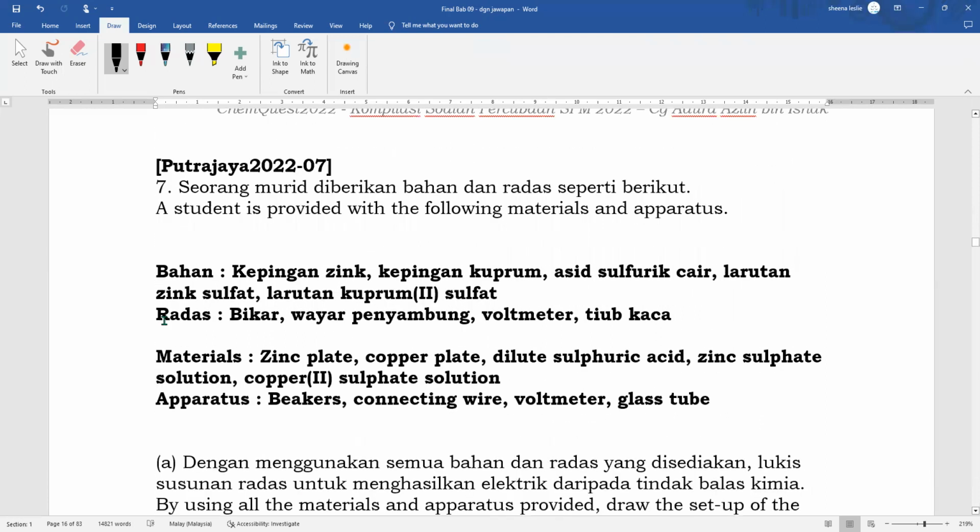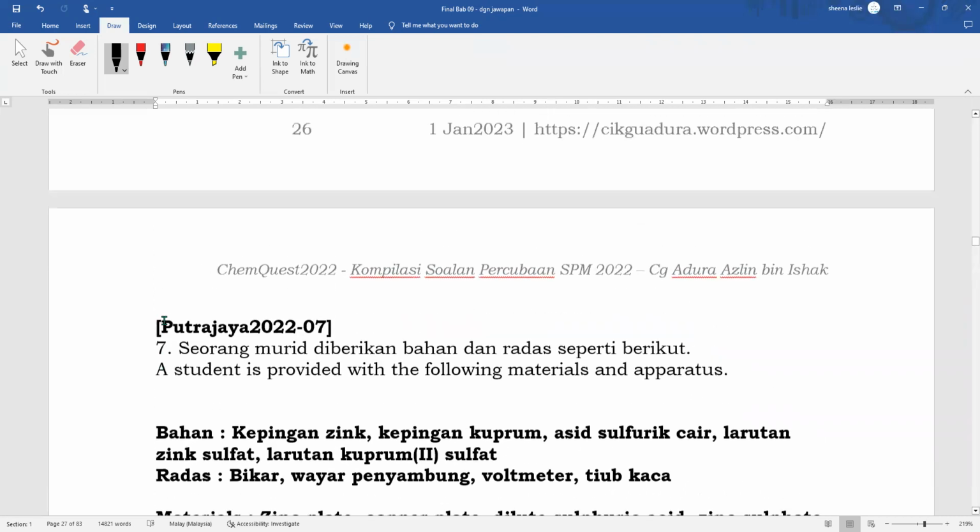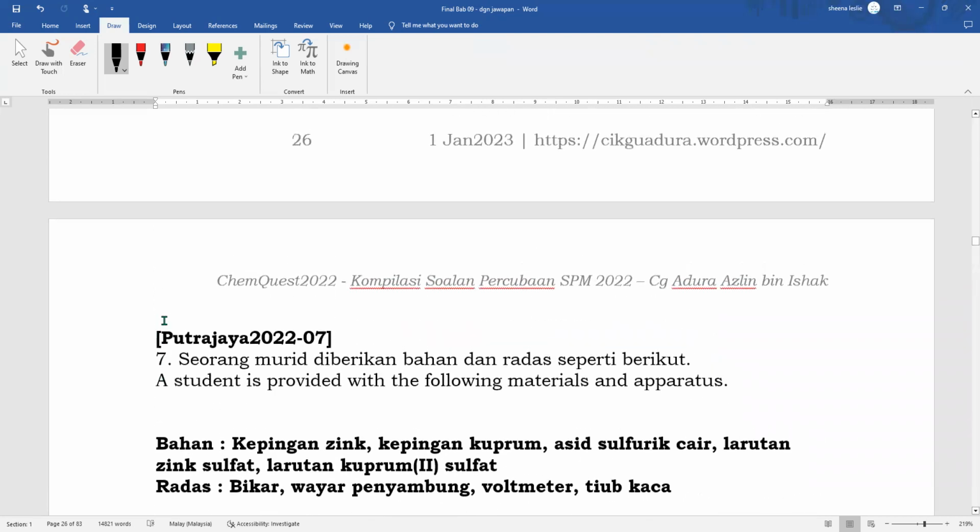All right, Putrajaya 2021. Putrajaya is what page for you? Is that the essay? Yeah, this is the essay. There's one structure.